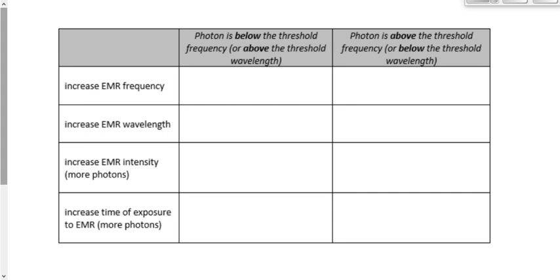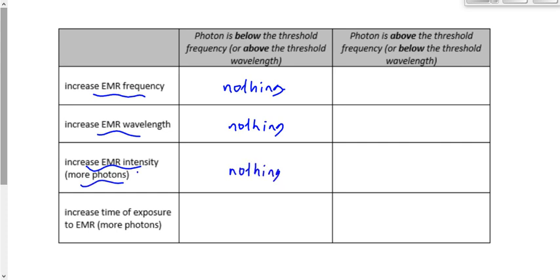If we're below the threshold frequency and we increase the frequency of the EMR, but it's still below, nothing happens. No electrons are ejected. If we increase the wavelength, nothing happens. No electrons are ejected. If we increase the intensity, which is the number of photons, nothing happens. If we increase how long the light is exposed to the metal for, nothing happens.